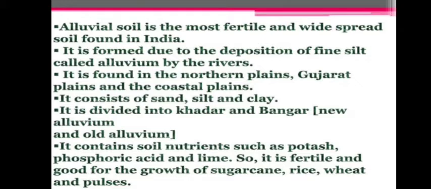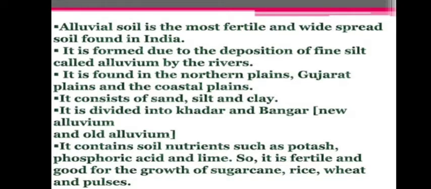These 3 river systems have different tributaries and distributaries also, and thus alluvium is found in the northern plains. It is formed due to the deposition of fine silt called alluvium by the rivers. I told you 3 major river systems: the Indus, the Ganga and the Brahmaputra.